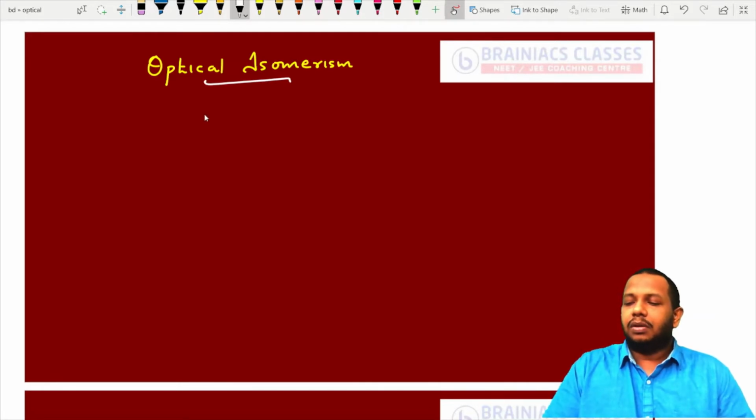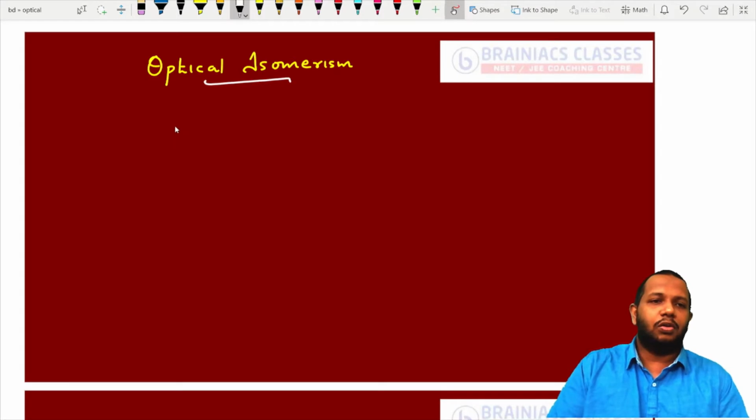What is the first thing we should discuss? What do you mean by optically active compounds? So you can give the heading optically active compounds.